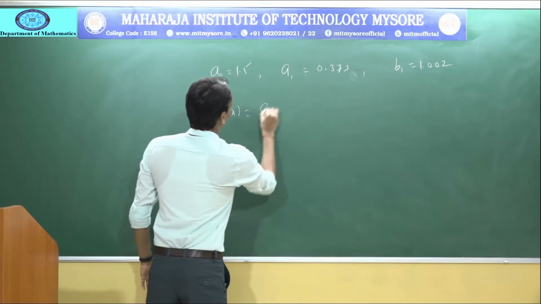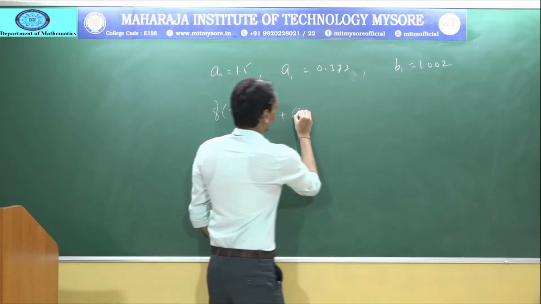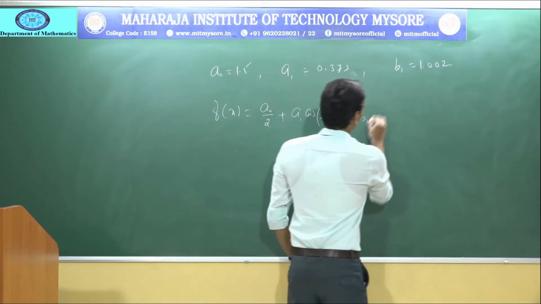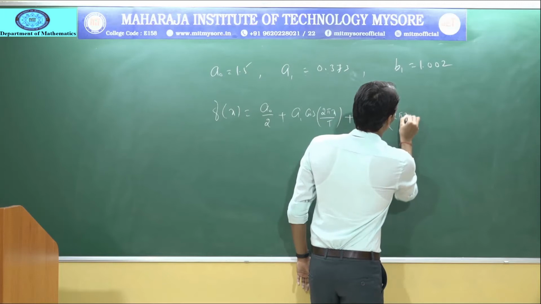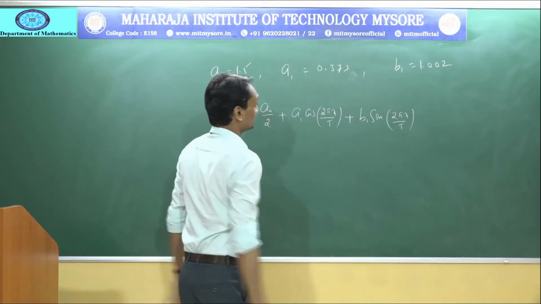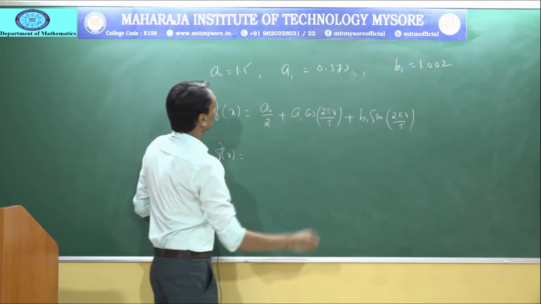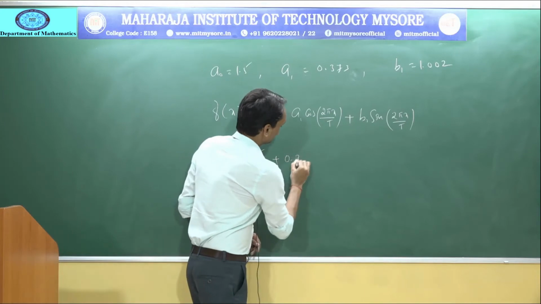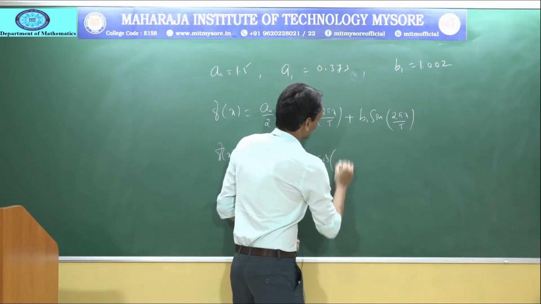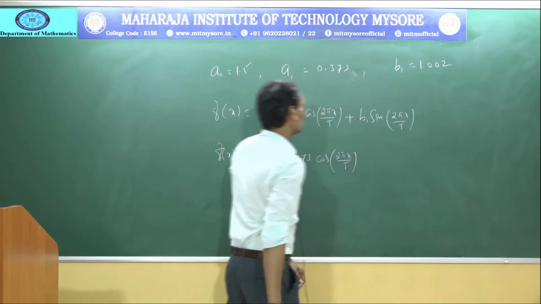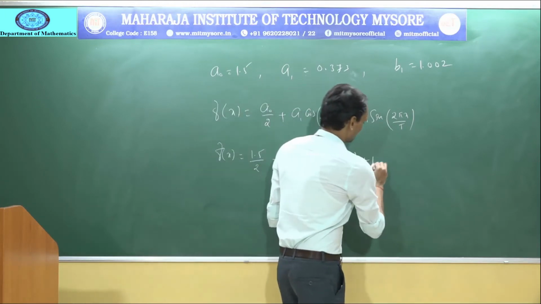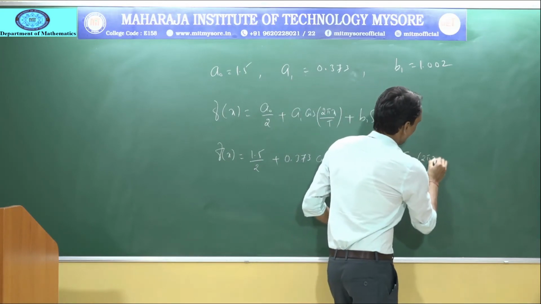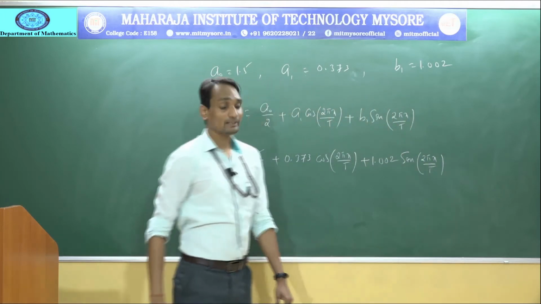F of x equal to A0 by 2 plus A1 into cos 2 pi x by t plus B1 into sin 2 pi x by t. Just replace the A0, A1 and B1 values. It is f of x equal to 1.5 divided by 2 plus 0.373 into cos 2 pi x by t plus 1.002 into sin 2 pi x by t.